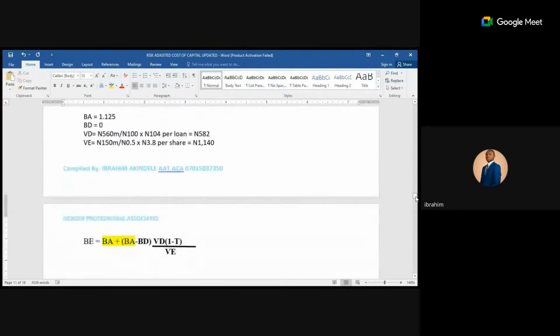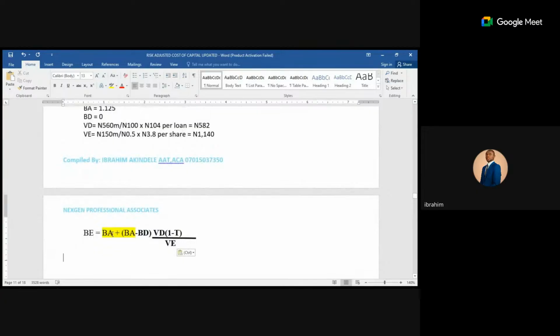So BA is 1.125. Beta debt is equal to 0. Then the value of debt, 582.